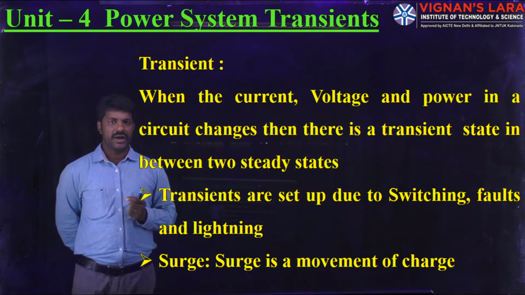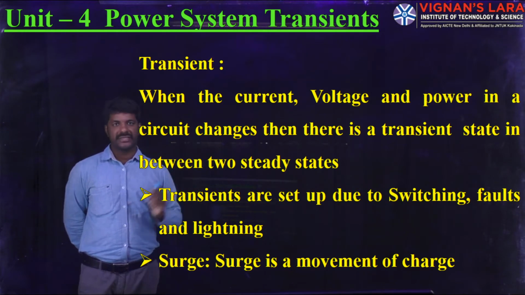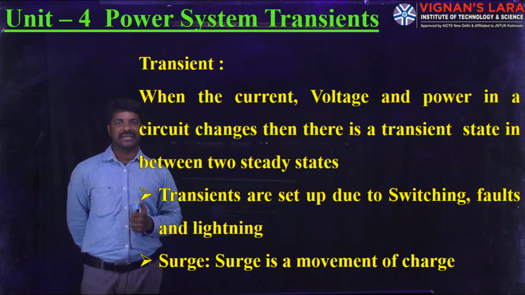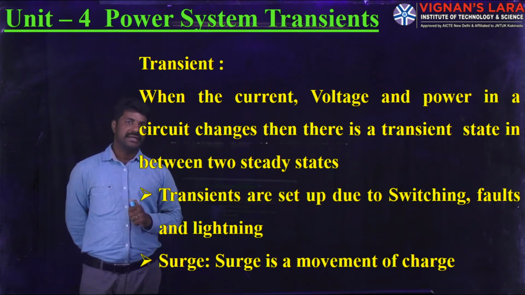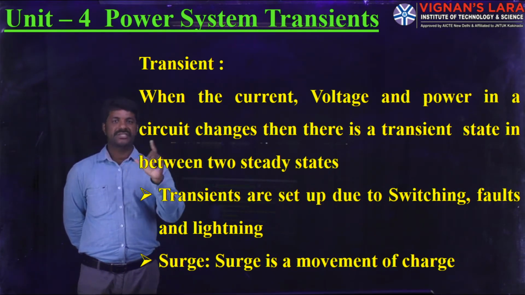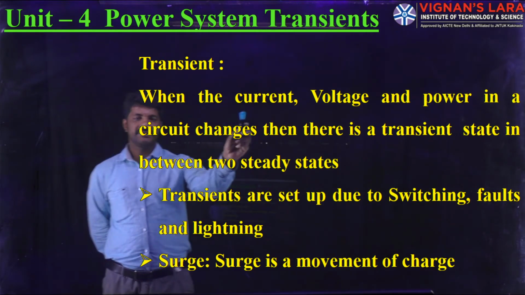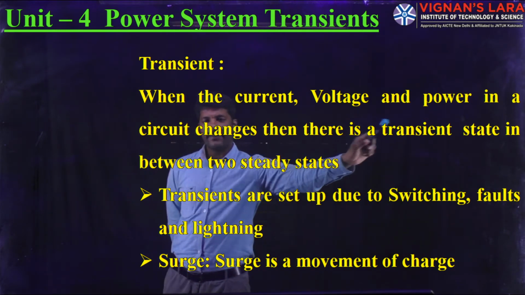Which quantities are going to be affected in the transmission line? Whenever the transient occurs due to any number of reasons, in the coming classes we will see what those reasons are. Whenever the transient occurs, immediately you can observe some changes in the electrical quantities, namely current, voltage and power.